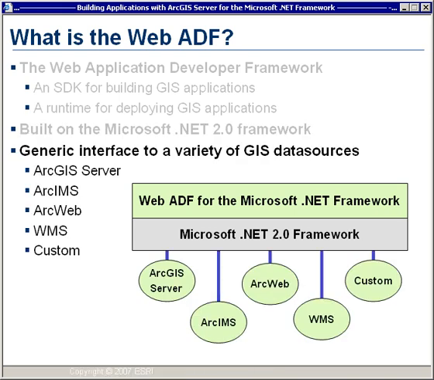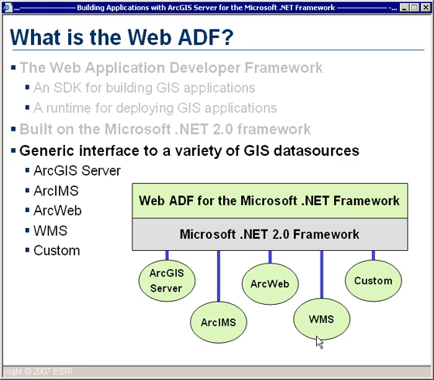One of the great things about the Web ADF is it doesn't just work with ArcGIS Server. Of course, we can access data coming out of ArcGIS Server, but we can also use services coming from ArcIMS or ArcWeb services, or any service on the internet that provides data in a WMS format.